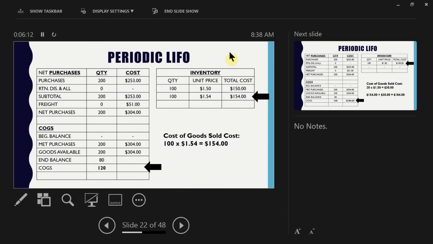This one cost me $1.54, where the first batch only cost me $1.50, right? But because we need to use the rules of LIFO, we are going to take the latest batch first, okay? And we're going to calculate it from there.